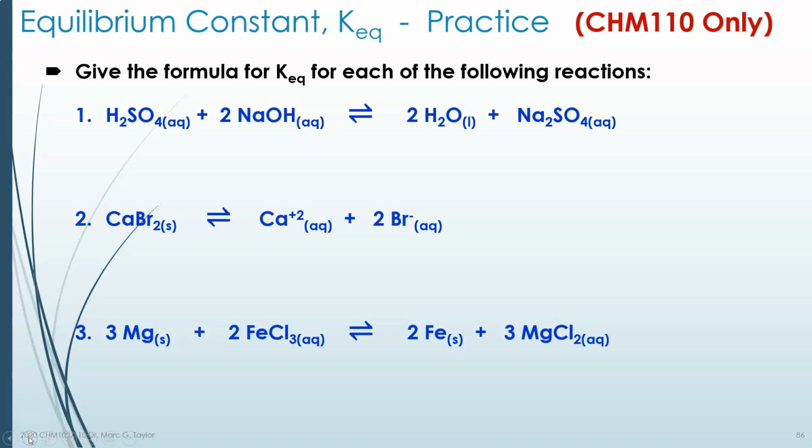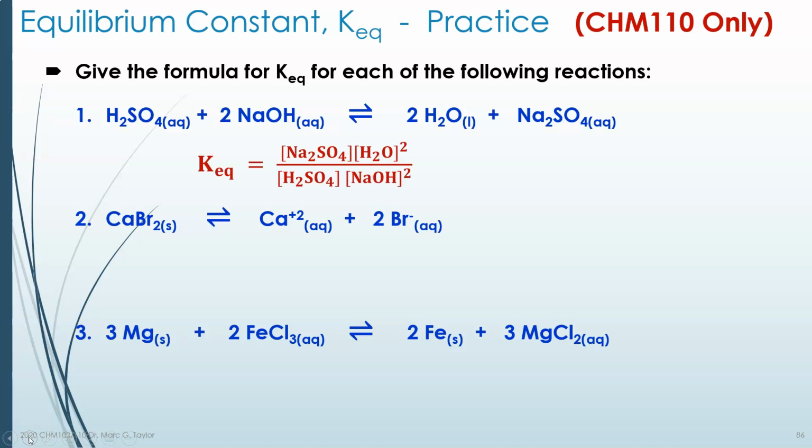So we have calcium bromide decomposed into calcium ions and bromide ions. And then the third reaction is a single replacement with magnesium reacting with iron 3 chloride to produce iron and magnesium chloride. So let's look at the first reaction.